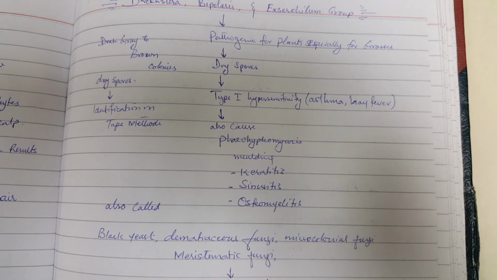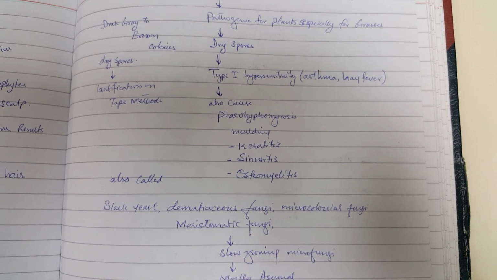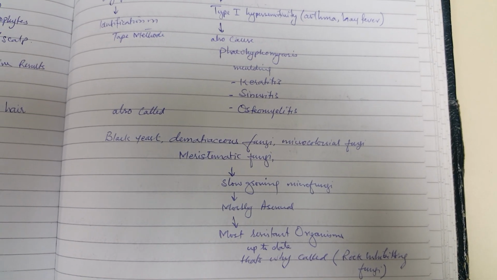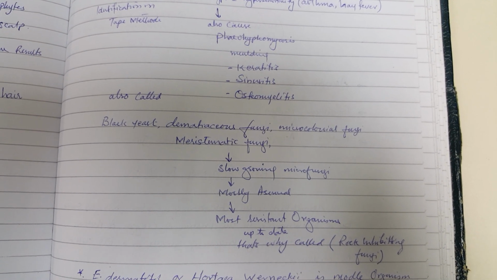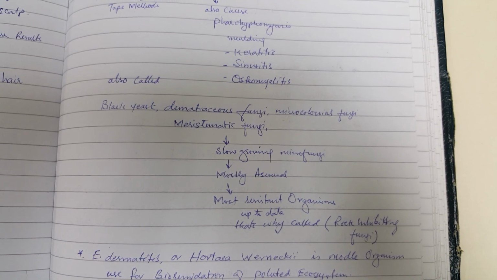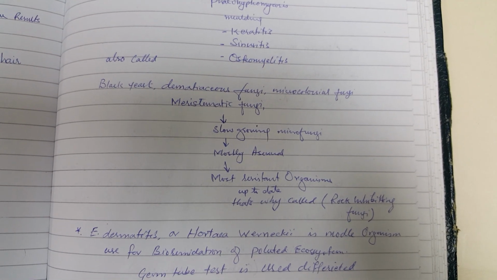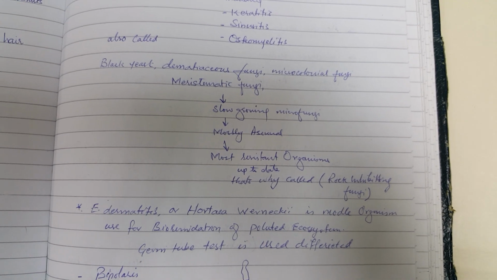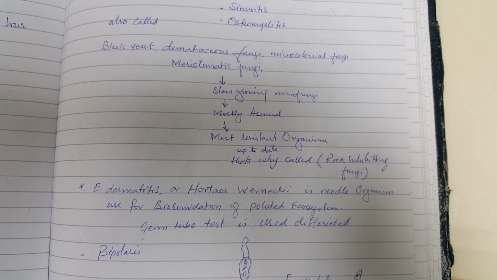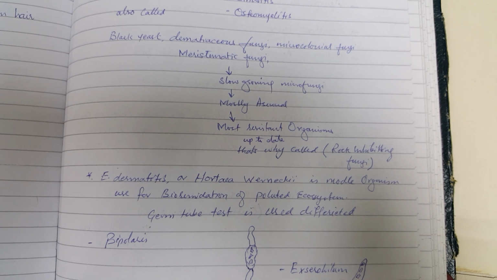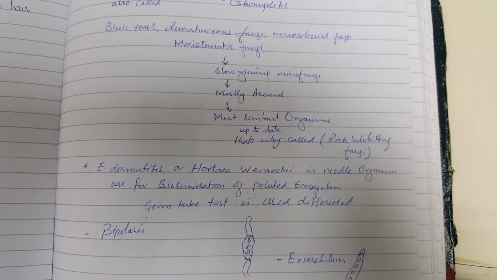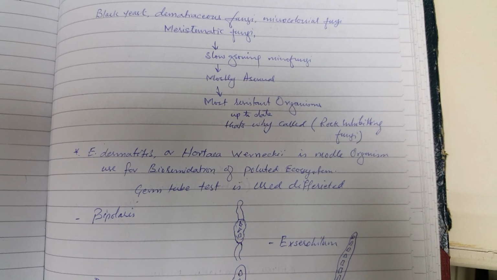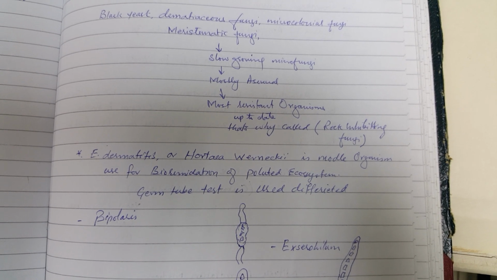Identification can be made by the tape method, and they are also called black yeast or dematiaceous fungi, microcolonial fungi or meristematic fungi. They are slow growing microfungi, mostly asexual, and the most resistant organisms known to date. That's why they are called rock inhabiting fungi. The rock inhabiting fungi like Exophiala dermatitidis and Hortaea werneckii are mold organisms used for bioremediation of polluted ecosystems.